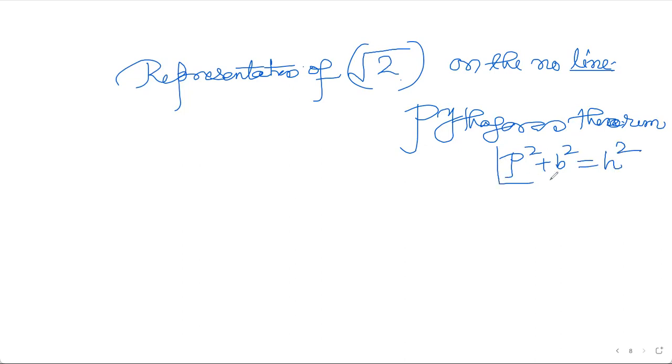And Pythagoras was a Greek mathematician and also a philosopher. He was the first to discover irrational numbers, in 400 BC. These numbers are said to be irrational because they cannot be written in the form p upon q. As I told you, those numbers which are not rational are called irrational numbers.